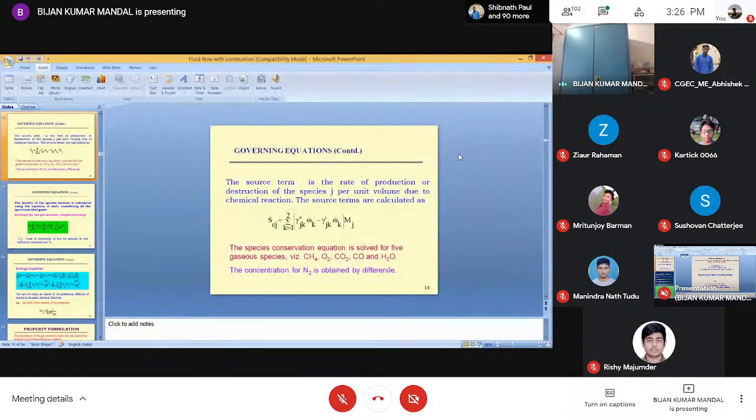Then this is the source term of the species conservation equations. You can see from K1 to K2 that here the number of reactions is 2. If there are more, then for each reaction you have to get the amount of species formed. From these 2 reactions we get 5 species: in our subsequent simulations we will get methane, oxygen, carbon dioxide, CO, and H2O. And since we are supplying air, nitrogen will be obtained by difference.